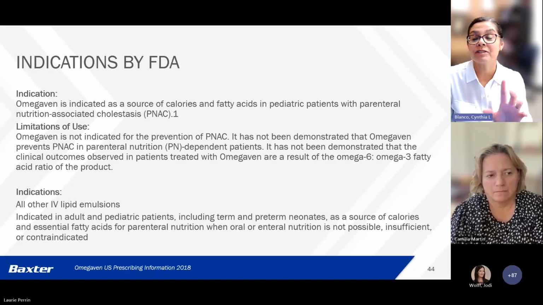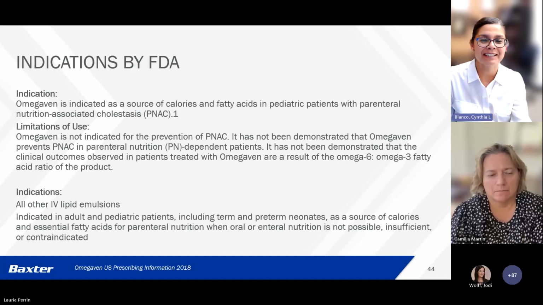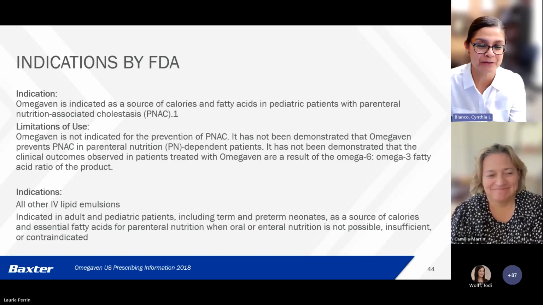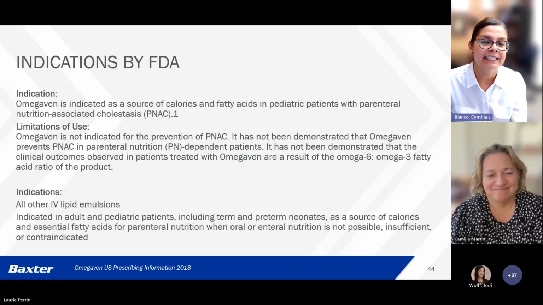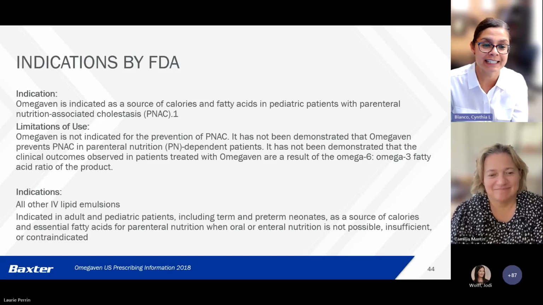So the answer was none of the above. But I'm not saying that we shouldn't be using IV fish oil for cholestasis, okay? What I'm saying is that the indication in the label by the FDA is that omega-3 is indicated as a source of calories and fatty acid in pediatric patients with parenteral nutrition-associated cholestasis, but is not indicated for the prevention of this disease.